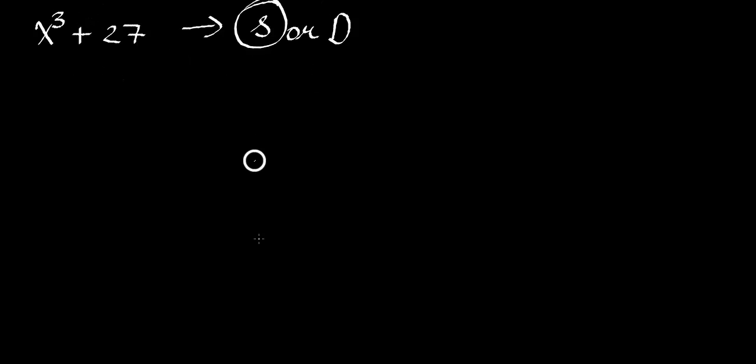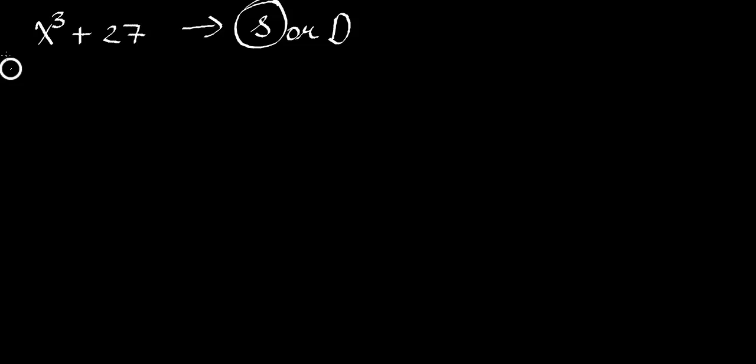And let's do another one. What if I give you x cubed plus 27? Like I said, what are you doing, sum or difference? Well, we are adding this time, so we are doing sum.